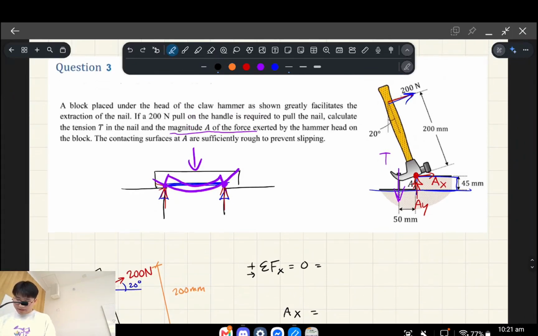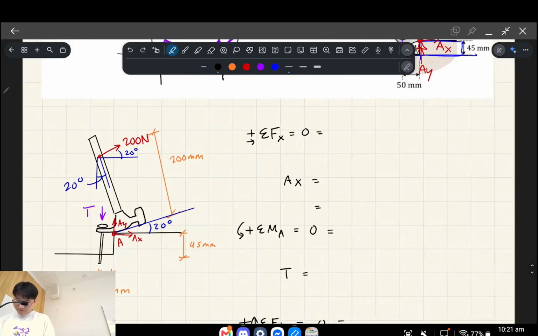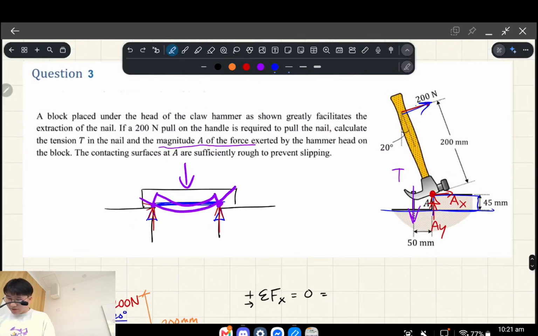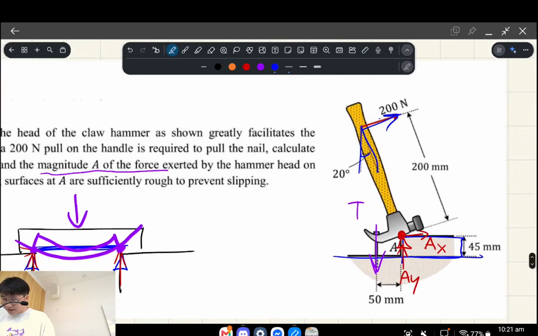Okay, so next we look at the free body diagram of the system, and the first thing to note is how we've treated the angles. We're told that the hammer is angled at 20 degrees, as shown, but from your understanding of angles and how 90-degree angles work, that's a right angle, so this also has to be 20 degrees, because the hammer's straight.